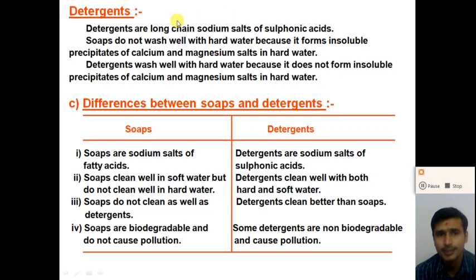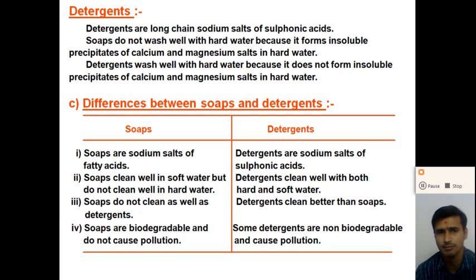Whereas detergent washes well with hard water because it does not form insoluble precipitates of the calcium and magnesium salts in the hard water. So detergent washes well with hard water, whereas soap does not wash well with hard water.